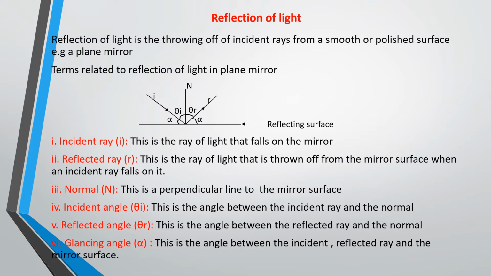It's just like when you throw a ball against the wall, the ball will fly off. So reflection of light is the throwing off of incident rays from a smooth or polished surface, e.g. a plane mirror. So when light is incident on a plane mirror, that incident light is reflected back, or it is thrown back from the plane mirror.